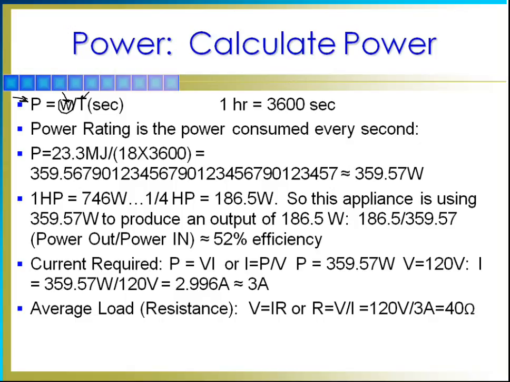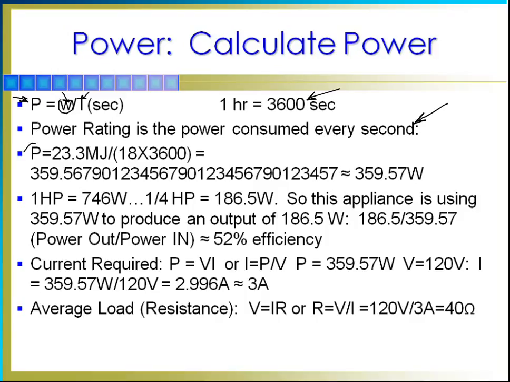Work over time, and time is rated in seconds. I know that 1 hour is 3,600 seconds. 60 seconds per minute and 60 minutes in each hour. So 3,600 seconds is 1 hour. So now I just have to figure out how much power is consumed every second.